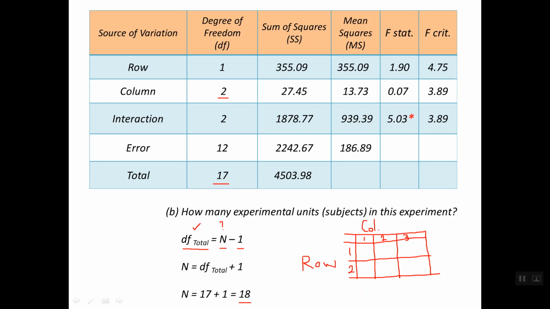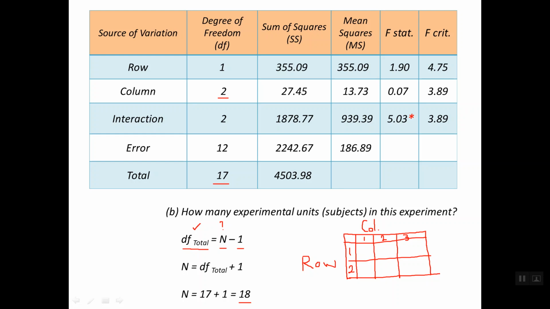So we have a total of 6 groups. And for the balanced design, or two-way ANOVA balanced design, the number of the subjects inside each of these 6 groups should be the same.